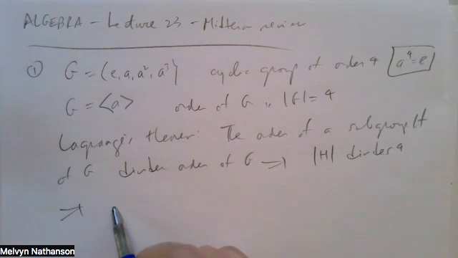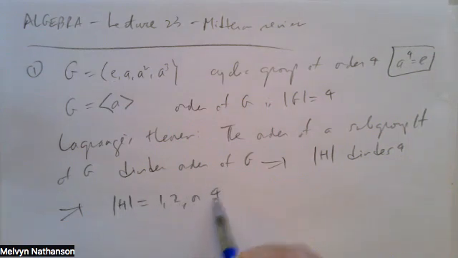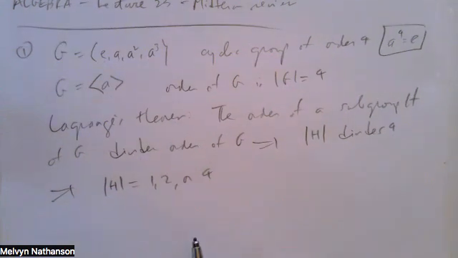And the only divisors of 4 are 1, 2, or 4. So a subgroup cannot have 3 elements. It can only have 1, 2, or 4 elements.